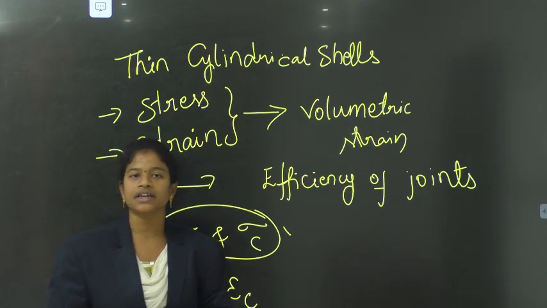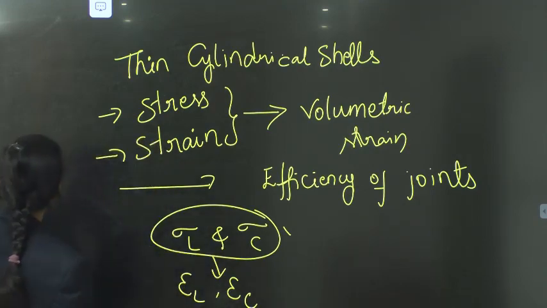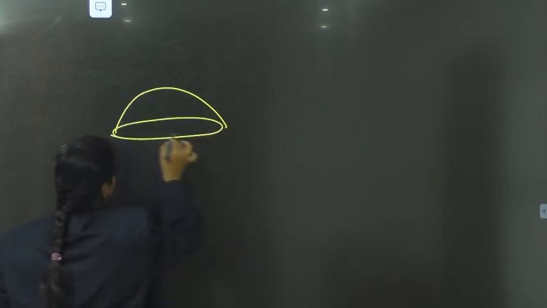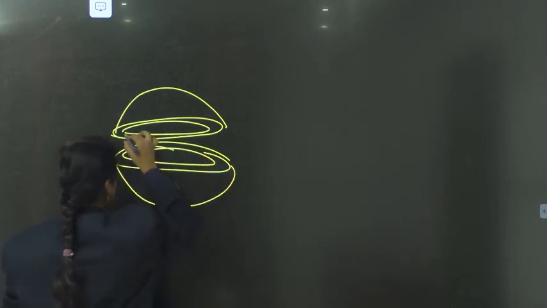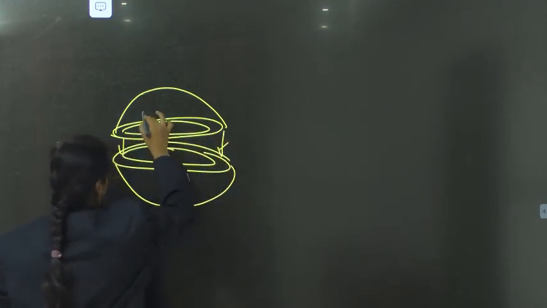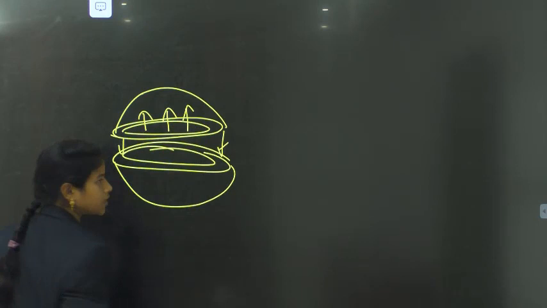In the case of thin spherical shells, the shell is like the cylindrical segment but has a spherical shaped structure, and the fluid is causing an upward force like this.